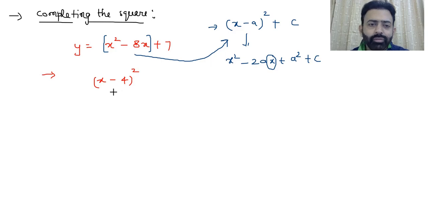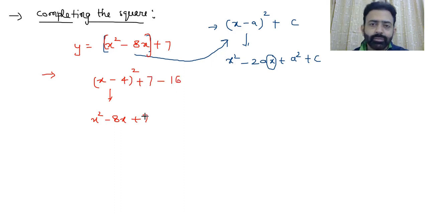The benefit of this will be that if I open this up, it will be x square minus 8x. So till these two terms I have got x minus 4 whole square, but there will be some extra term also in this x minus 4 whole square, which will be a square, or 16 in this case. So plus 7 I will write as it is, and whatever is the extra term here, that I will subtract.